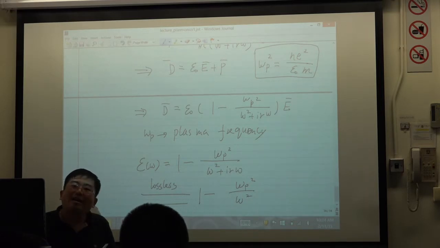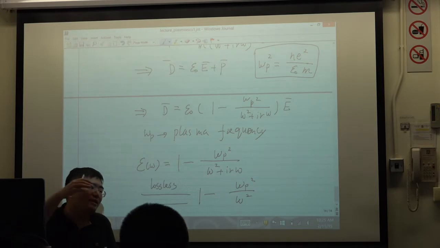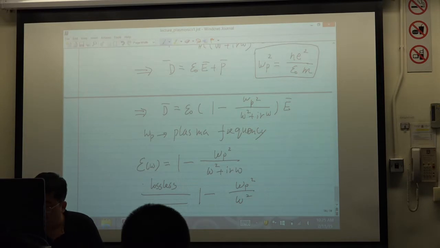If the frequency is very high, epsilon equals 1, which means the metal becomes transparent. At low frequency, metals are opaque, and at high frequency, they are transparent.